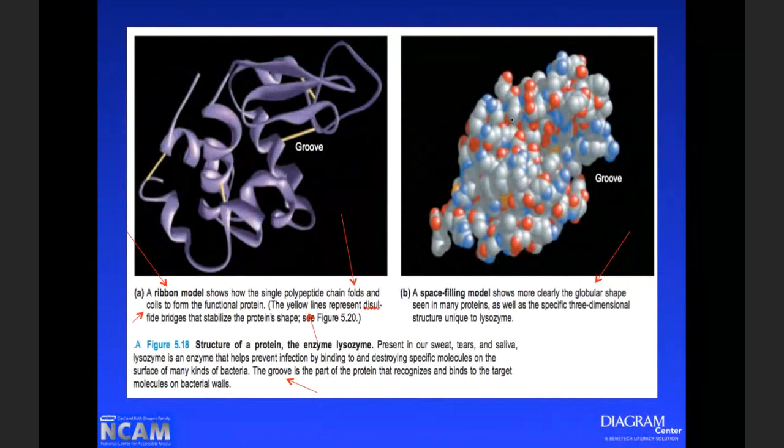And here we have some arrows pointing out some really great evocative language. So on the left we have, it's a ribbon model. You can work with that. You can describe it as like a ribbon. You have folds and coils, great action language. It's already describing a yellow line in there that's labeled the groove, okay?